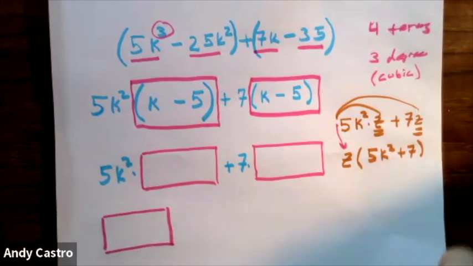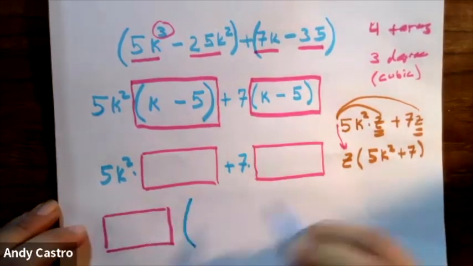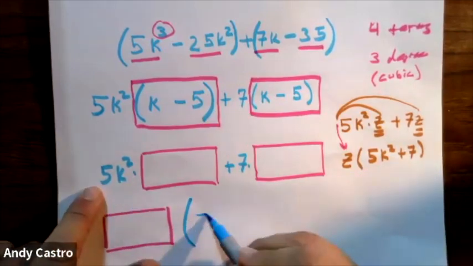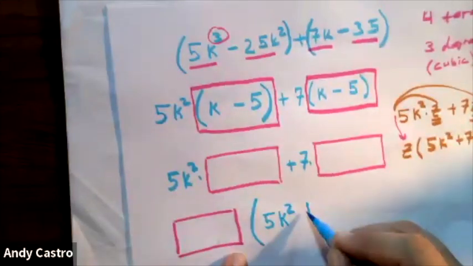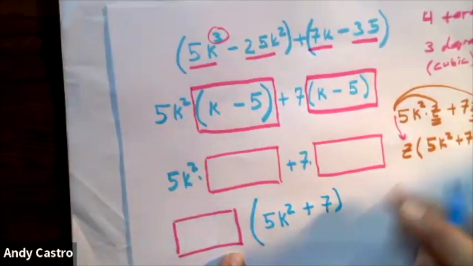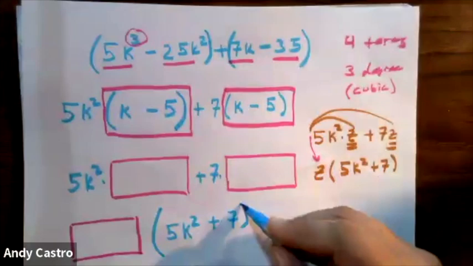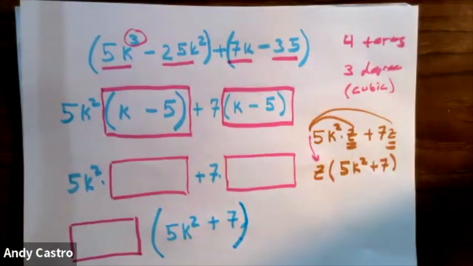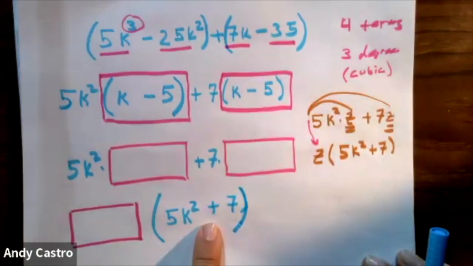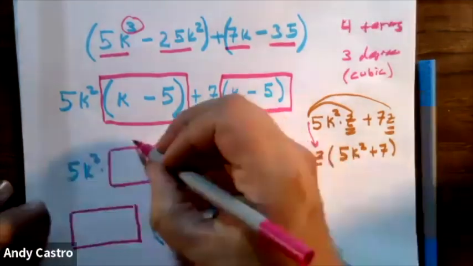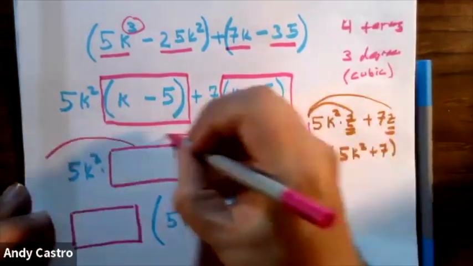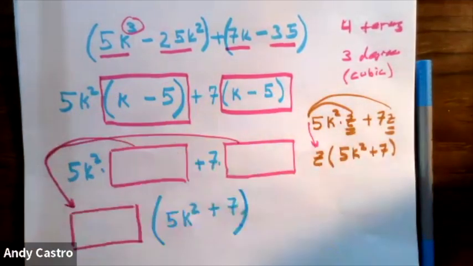Then I'm left with, just like I am here, 5k squared plus 7. Okay, 5k squared plus 7. If I pull that box out of both terms, there's my box.